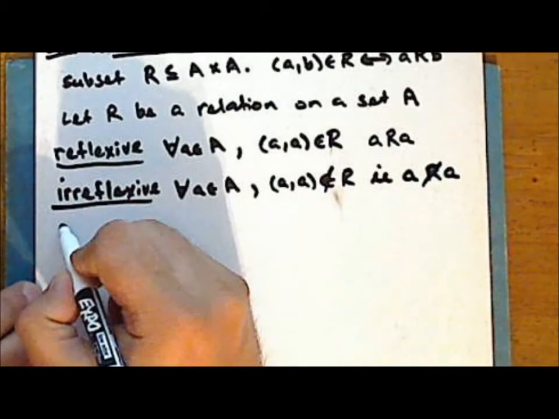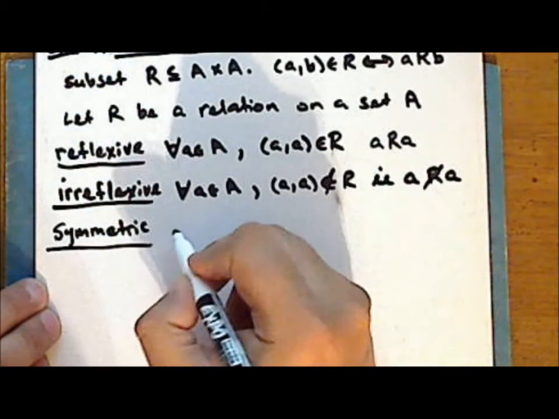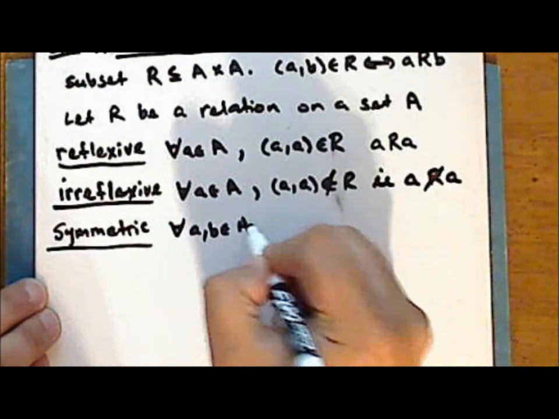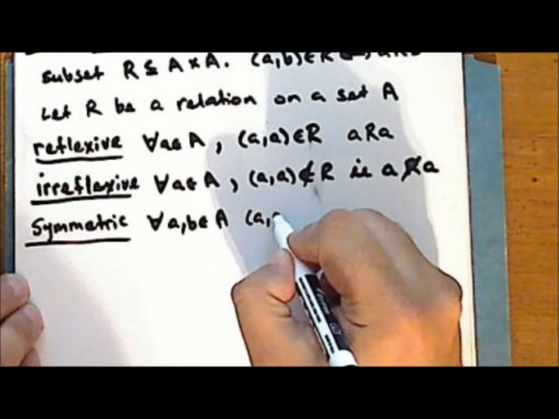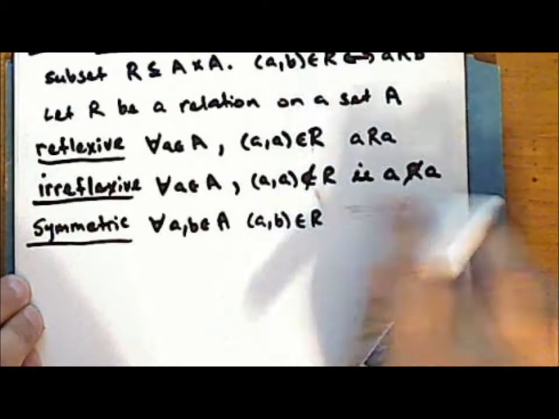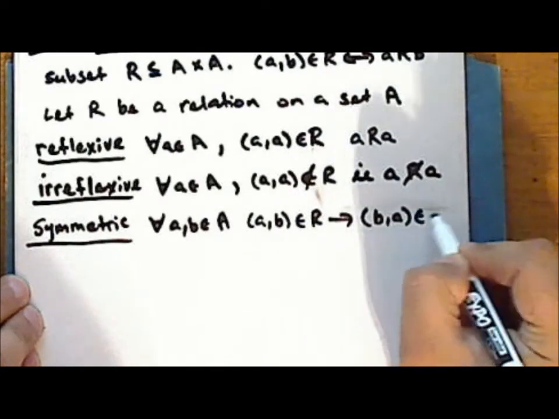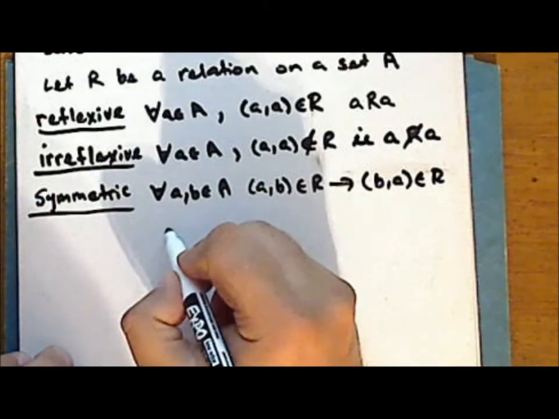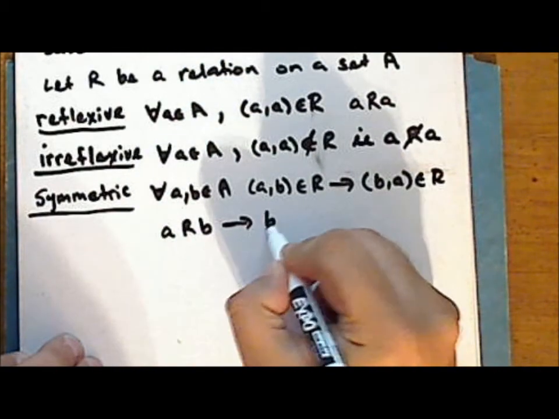A relation is said to be symmetric if for every two elements in the set, if the ordered pair (a, b) is in the relation, then this implies that the pair (b, a) is in the relation. So in a symmetric relation, if a is related to b, then this implies that b is related to a.